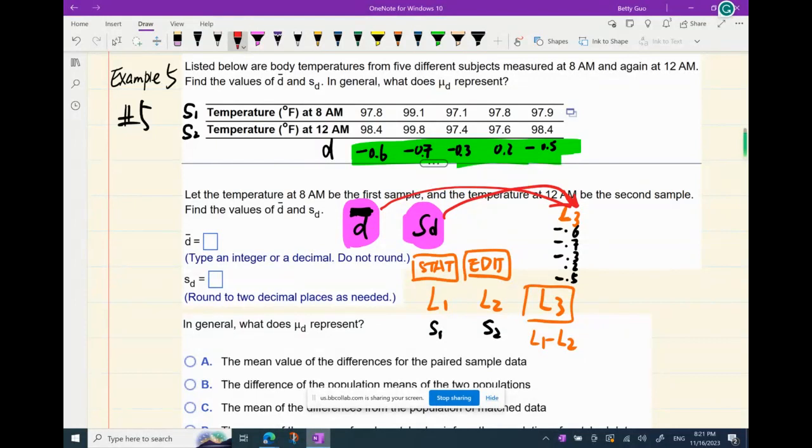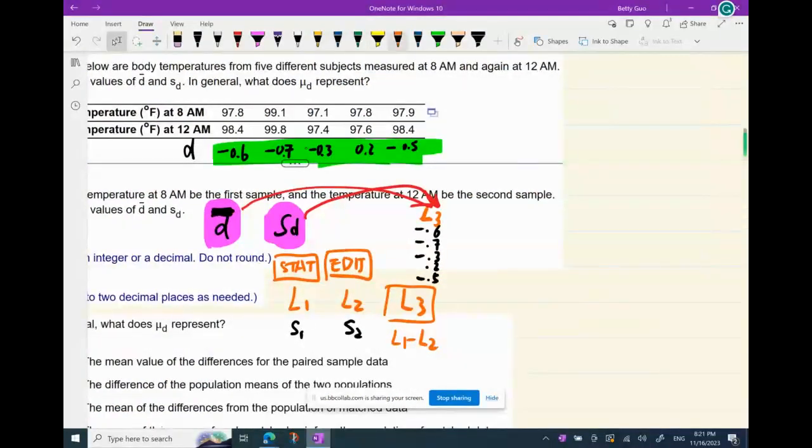Now we're gonna go to stat. Let's go to stat. And then go to the right, calc. And then you would see the first one is one variable stats. Yeah, this is from a while ago.